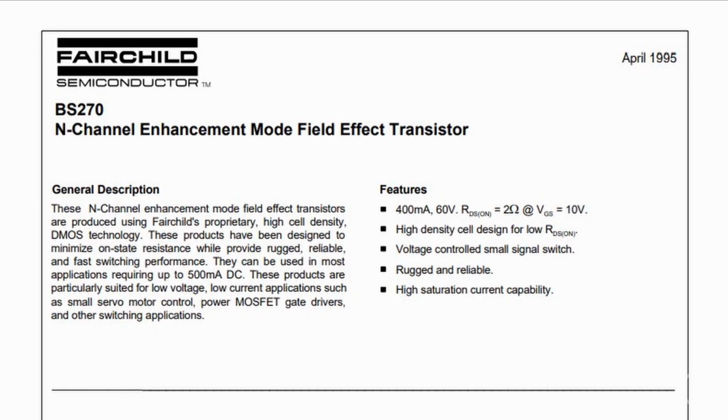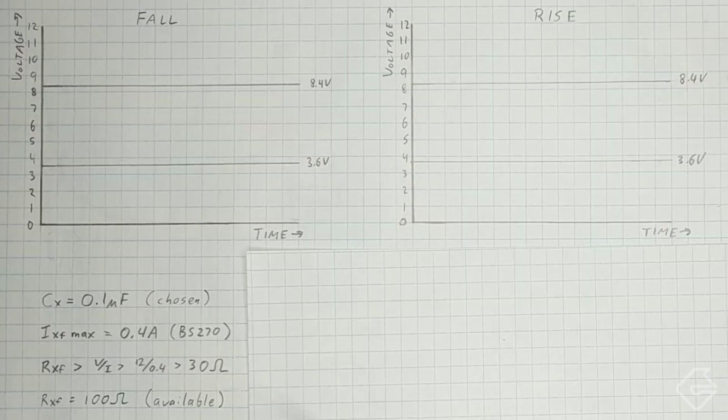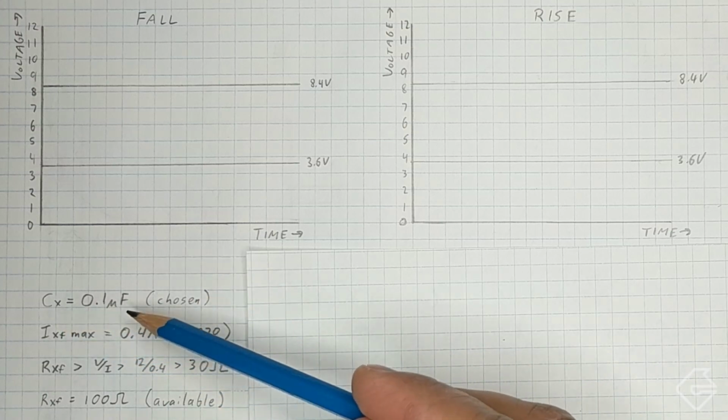This MOSFET we happen to be using is the same MOSFET we've been using all along. It's the BS270 MOSFET, and if you look at the data sheet, the BS270 says that it can support a maximum of 400 milliamps. So 400 milliamps is our limit. If I go back to our charts, let's take a look at some of the numbers we've put in here. The first item that I've identified is the capacitor for X. We've chosen it at 0.1 microfarads.